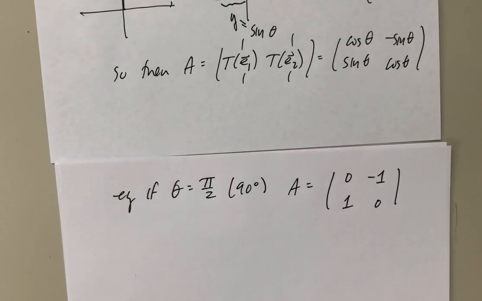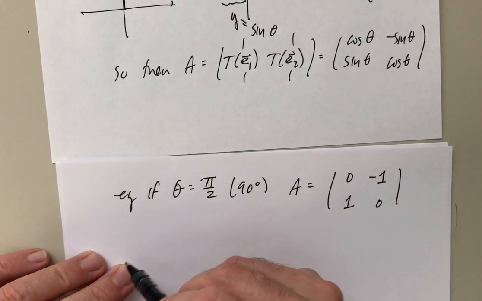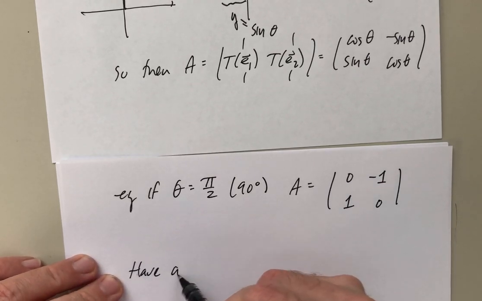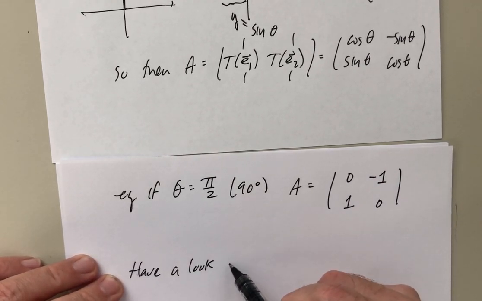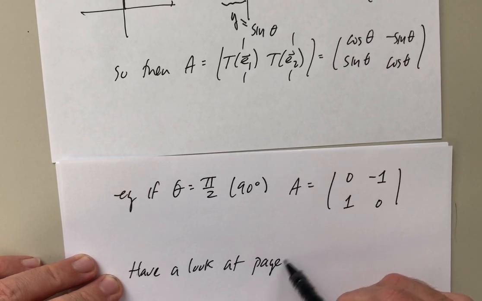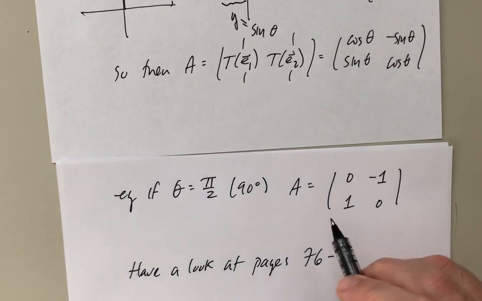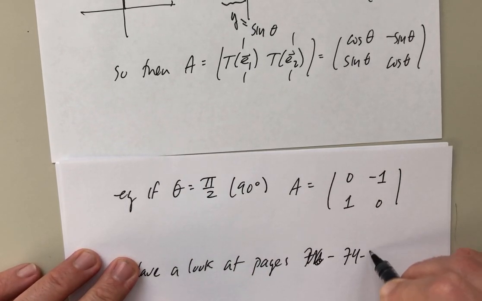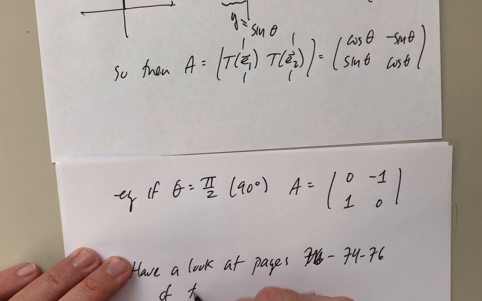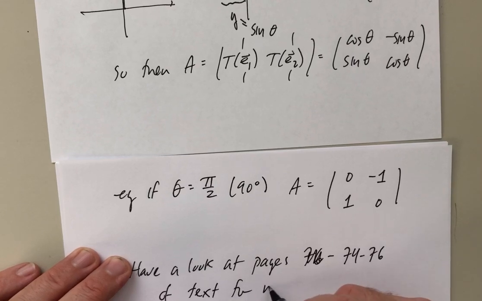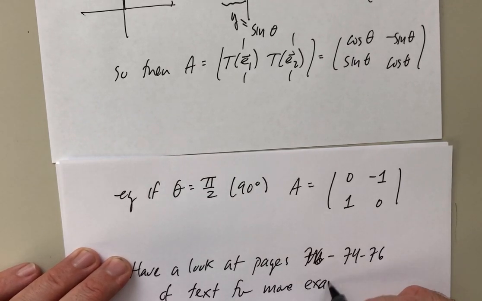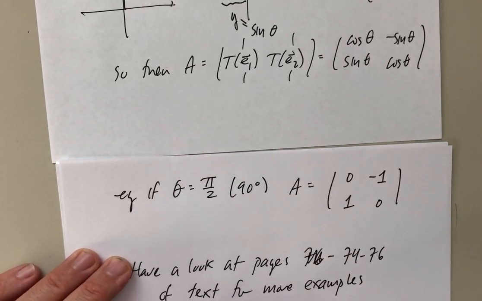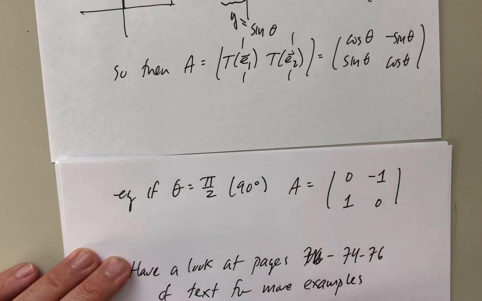And again, you could now just give me any theta, and it'll tell you the standard matrix for that. So I want you to have a look at pages 74 through 76 of the text for more examples of interesting 2x2 matrices.